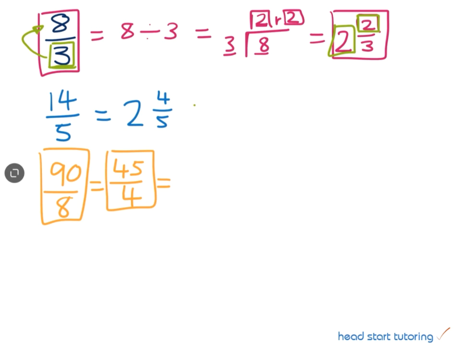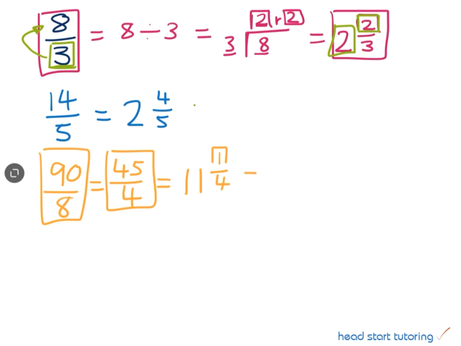And then it also means that I don't have to simplify my mixed number at the end. So 45 over 4, 4 into 45 fits 11 times with a remainder of 1 over 4, because 4 times 11 is equal to 44, and the difference between 44 and 45 is 1.